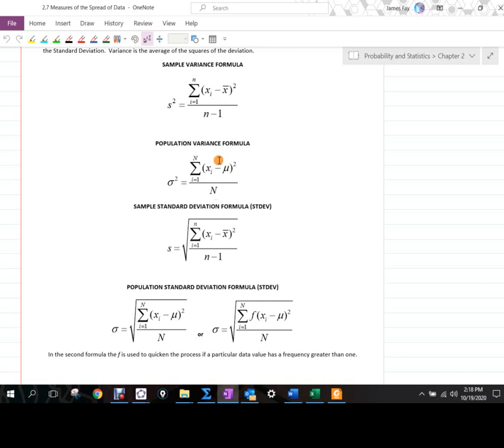What that does is, if we divide this one by n, our variance is too small. So we divide by a lesser value, n minus 1, and that will give me a better variance and a better estimation of the population.